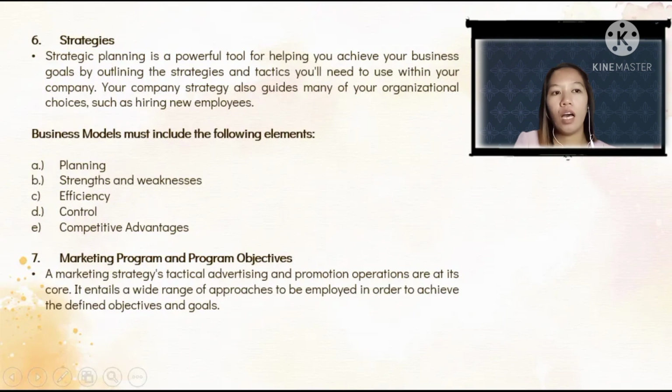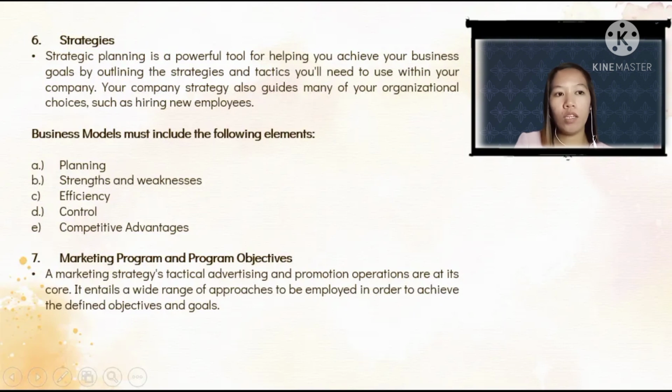C. Efficiency. A company plan enables you to properly allocate resources for your business activities, making you more efficient. It also allows you to prepare ahead of time for deadlines, assign work tasks, and keep on track with your project goals.